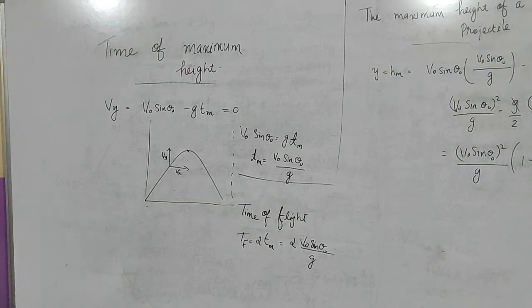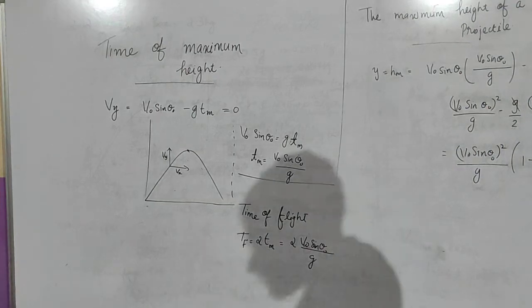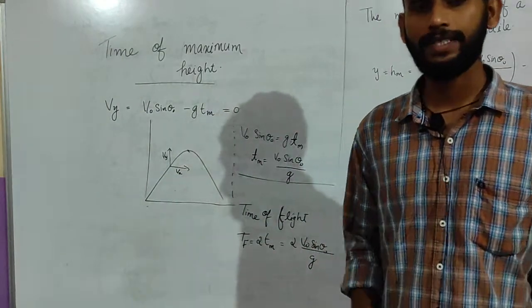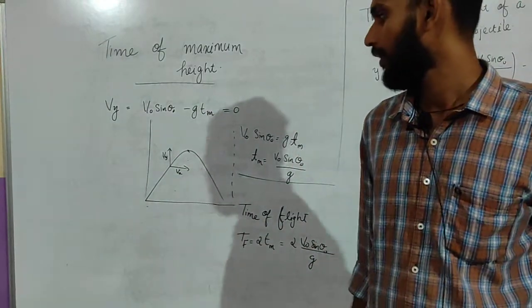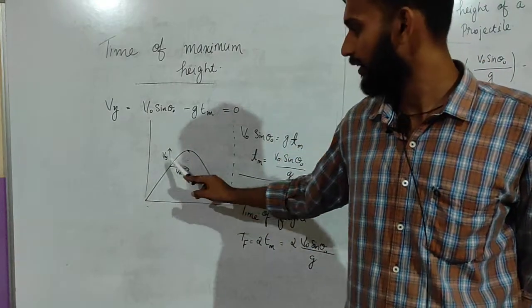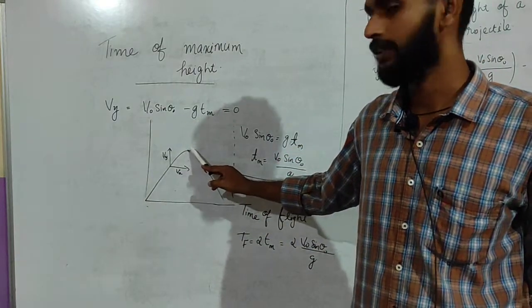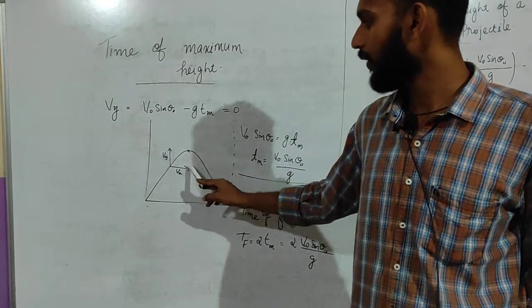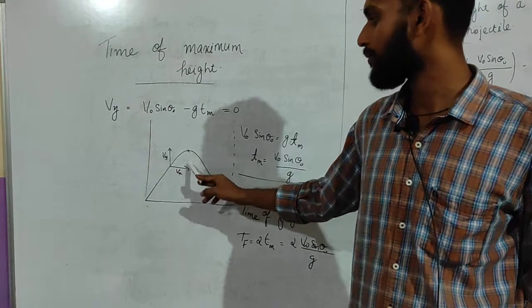Okay. So now we will discuss the time required for the maximum height. At one point the projectile reaches its maximum height, and we have to find the time required to reach this maximum height.